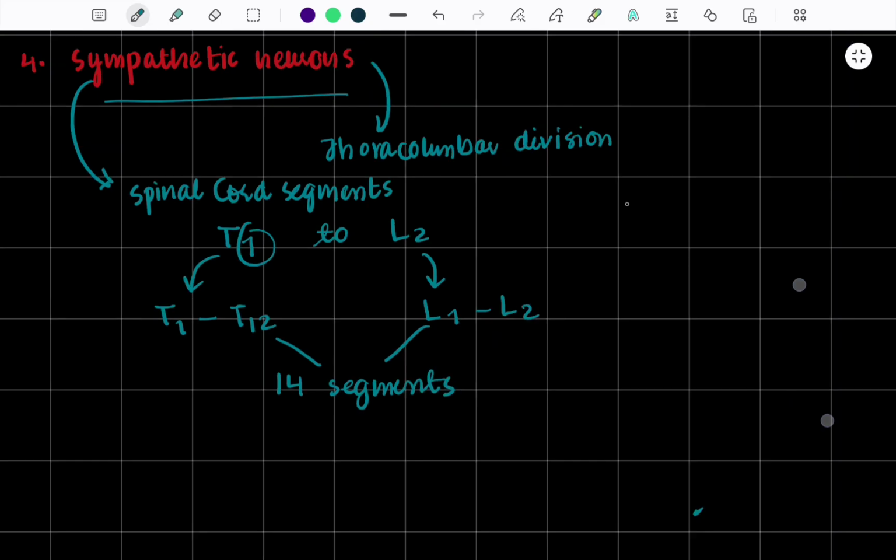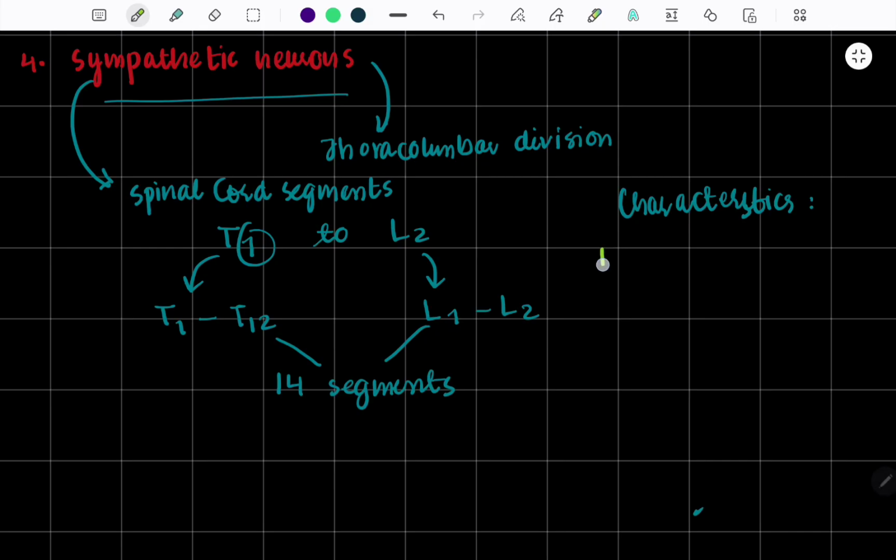Now let us talk about the characteristics of sympathetic neurons. What are the characteristics? Basically, as I already told you, preganglionic neurons and postganglionic neurons are both present in the sympathetic as well as the parasympathetic system.